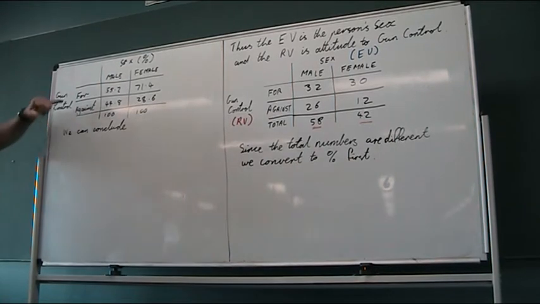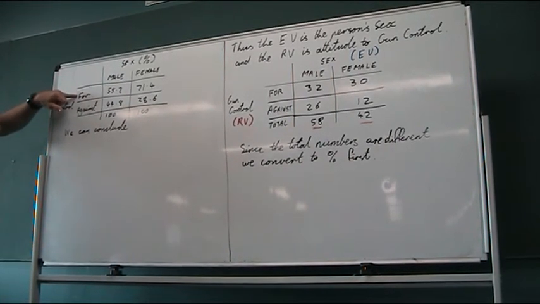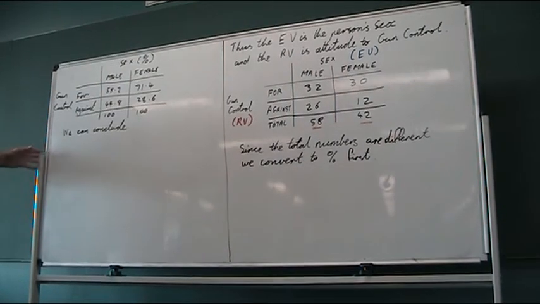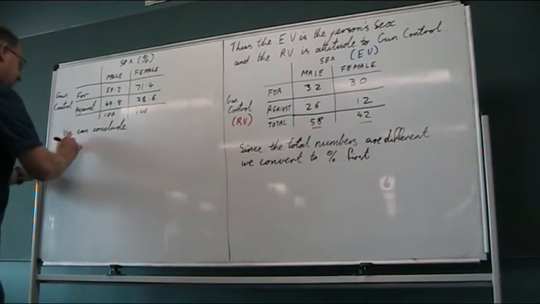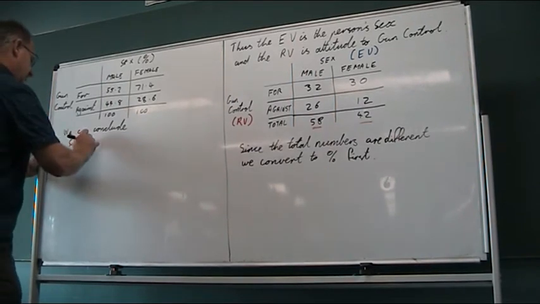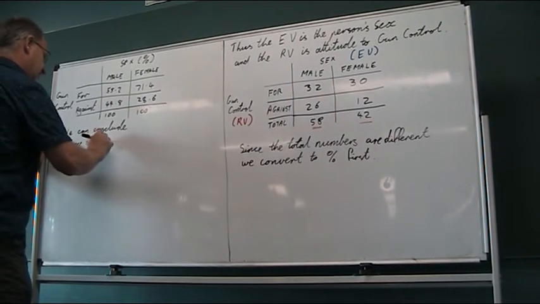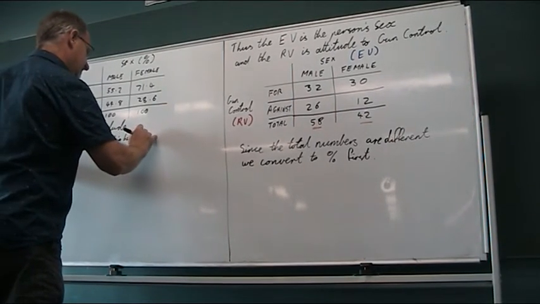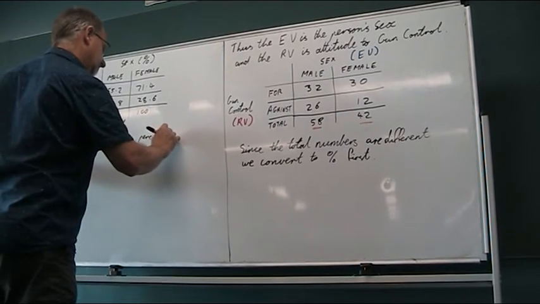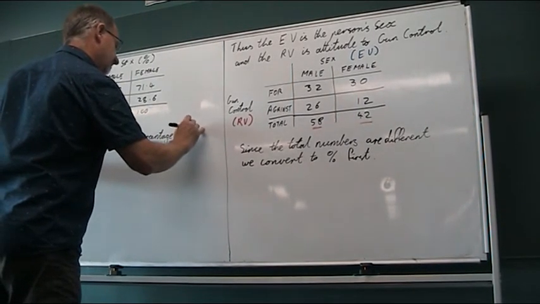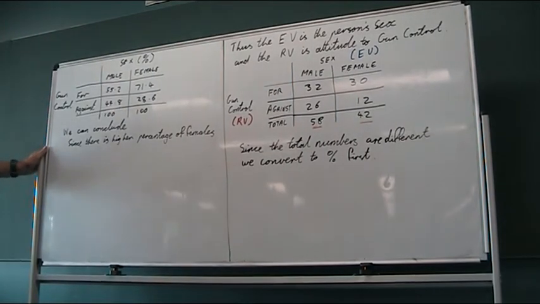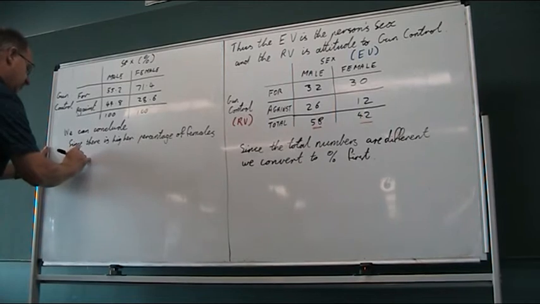Alright, so here I'm just going to work with the for gun control bit. Could write a statement using the against, or I'm just going to use the for. So you can just say something like, since there is a higher percentage of females, and I'm going to quote the percentage here, so I'm going to say 71.4%.